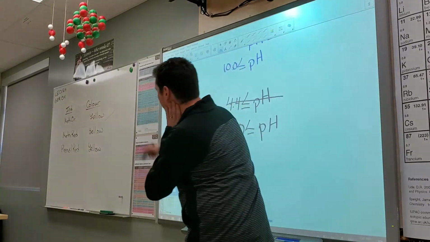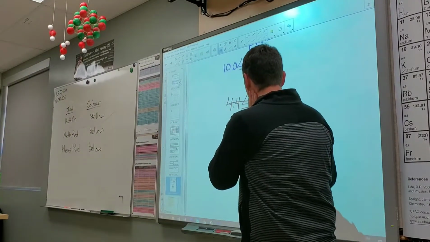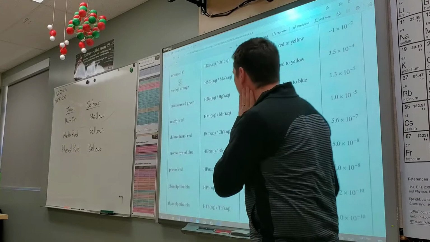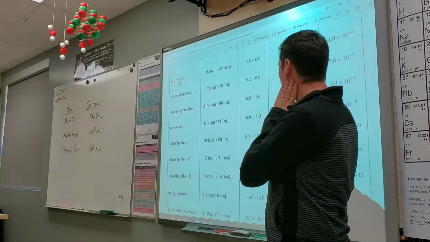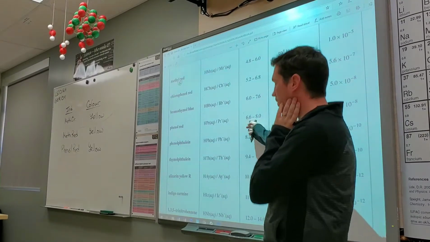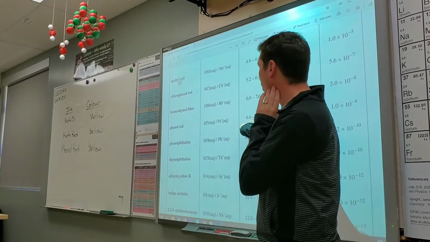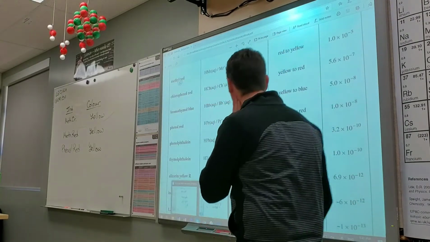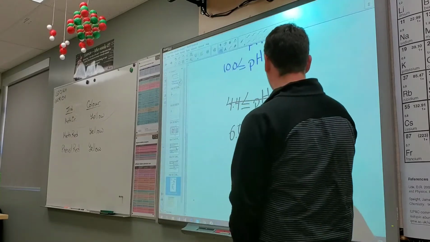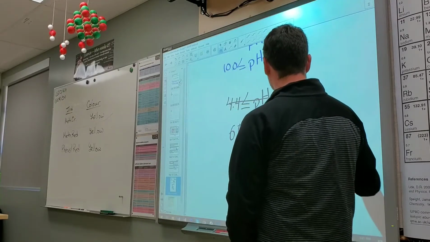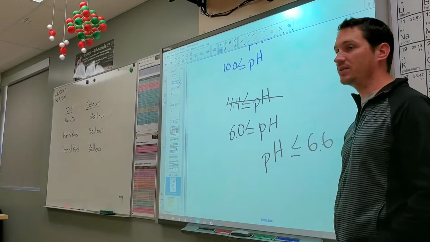Okay, the next one, phenol red is yellow. So my indicator, in order for it to be yellow, has to be 6.6 or less. That means that the highest I could possibly go is 6.6. So what's my pH range?